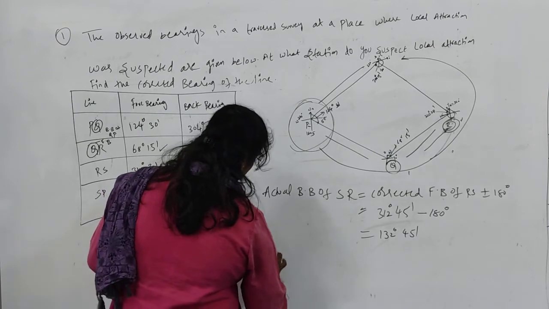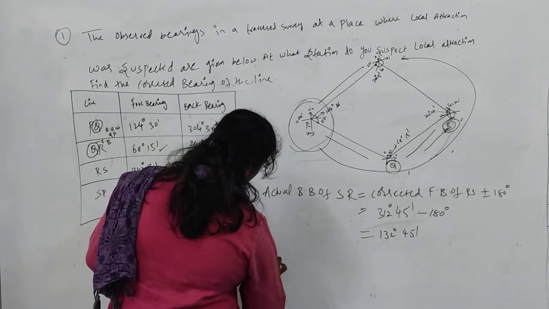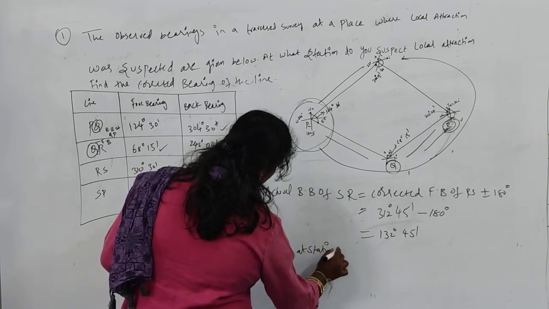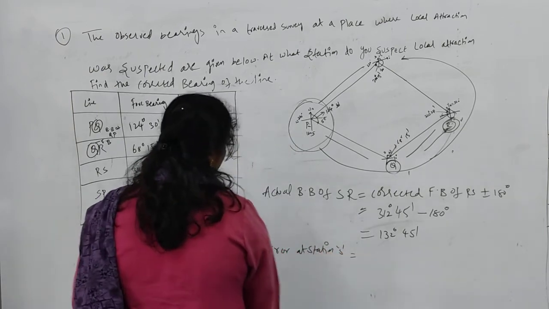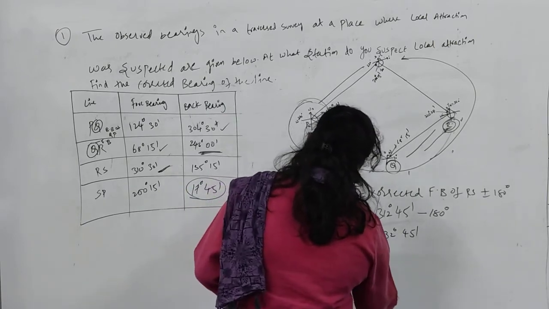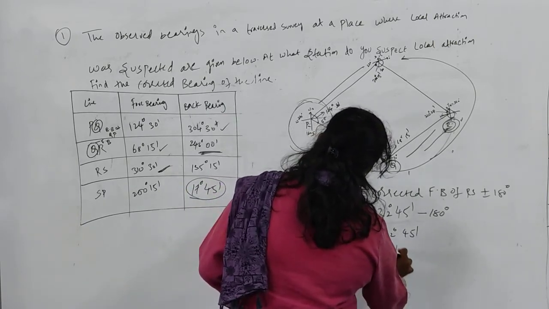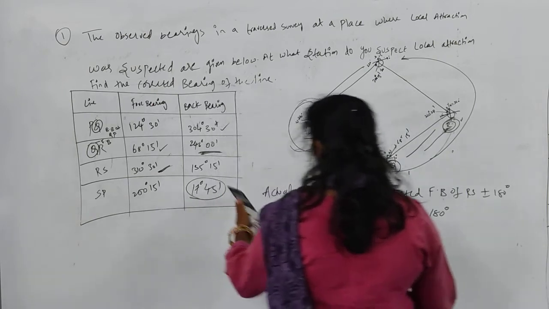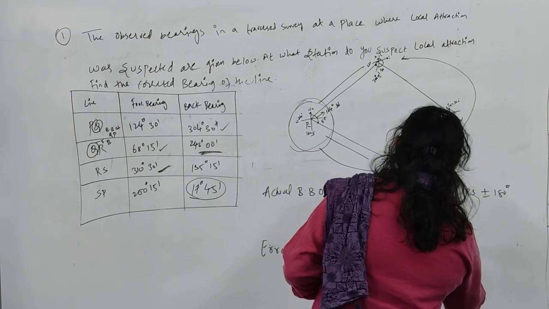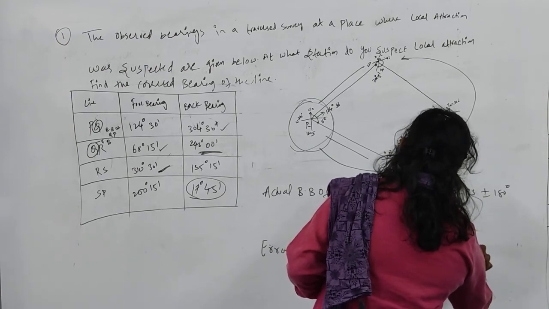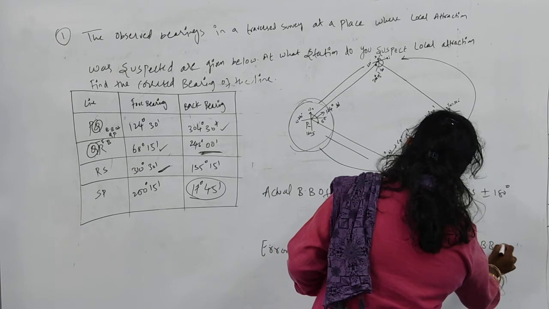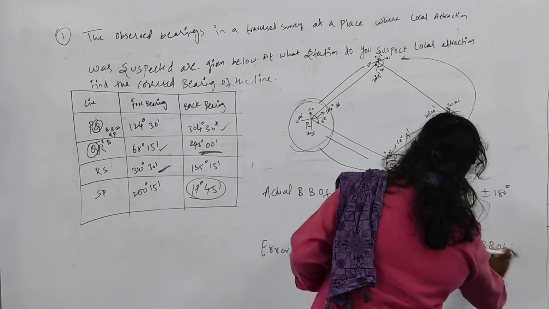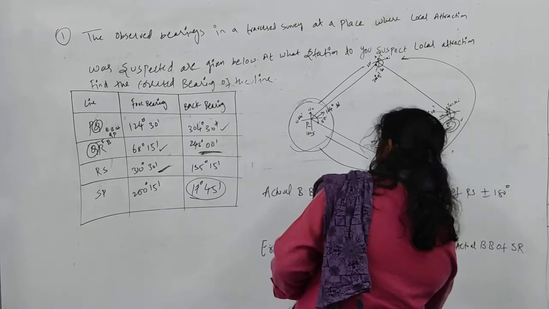Now we need to find out the error at station S. What will be the error at station S? Observed back bearing of SR minus actual back bearing of SR. What is the value here?